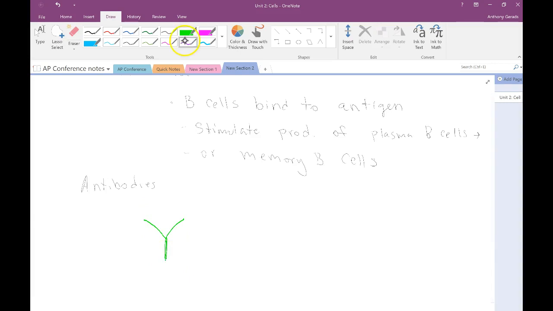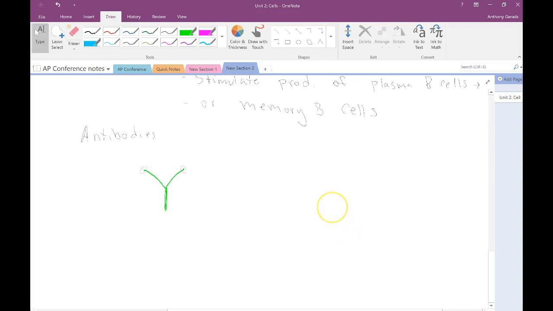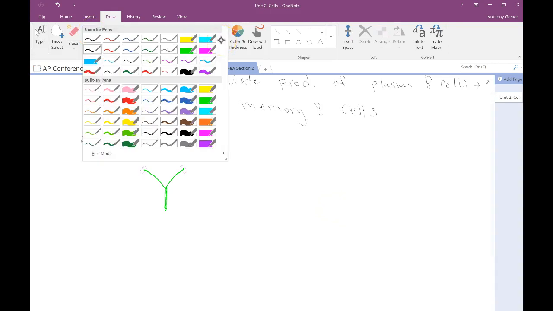What's different about them is that at the very end of that Y, there are little protein receptors that can bind to different antigens. So each antibody is very specific to the antigen, kind of like a lock and key. It's got to have the right structure to bind to it. And if I know how to make the antibodies, I can fight it, which leads us to this very last graph that we saw a lot.